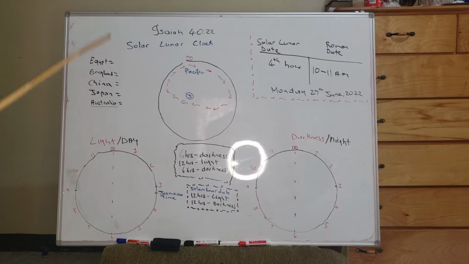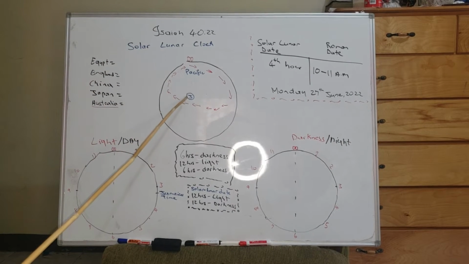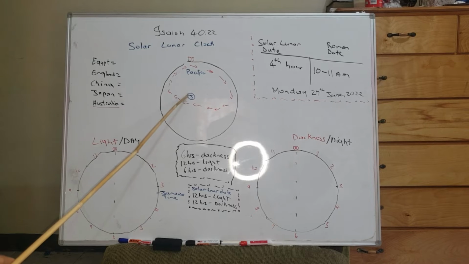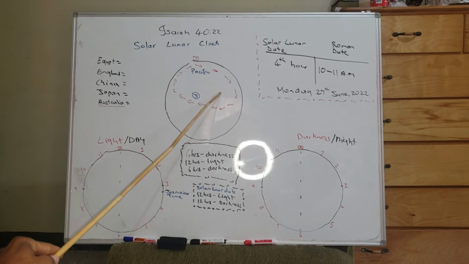Now, Egypt, it says 5:13. Is Egypt at this point, right now, experiencing only 5 hours and 13 minutes of light? No. You know why? I'm here in Jamaica. Africa is over here.